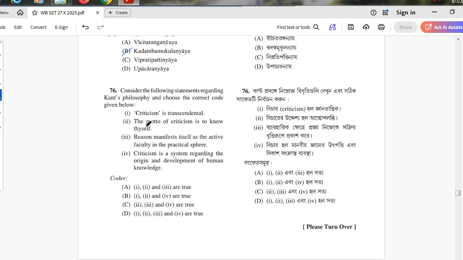Question 76. Consider the following statements regarding Kant's philosophy and choose the correct code given below. 1, criticism is transcendental. 2, the motto of criticism is to be thyself. 3, reason manifests itself as the active factor in the practical sphere.